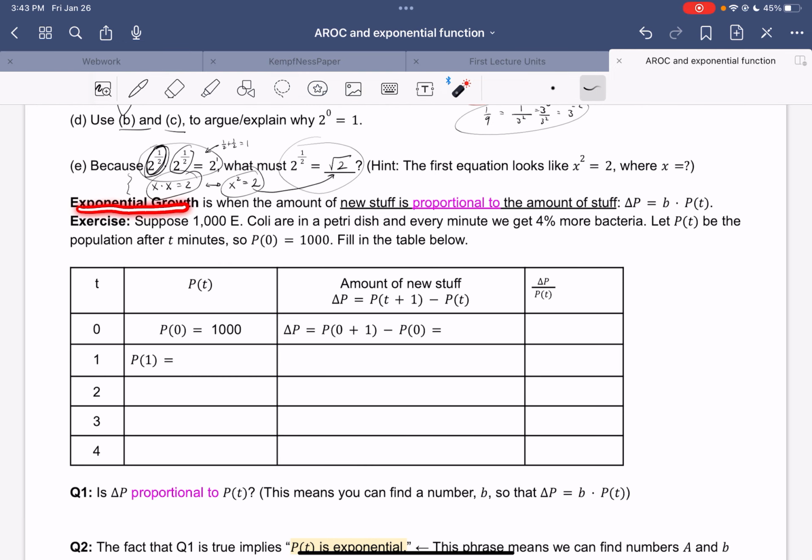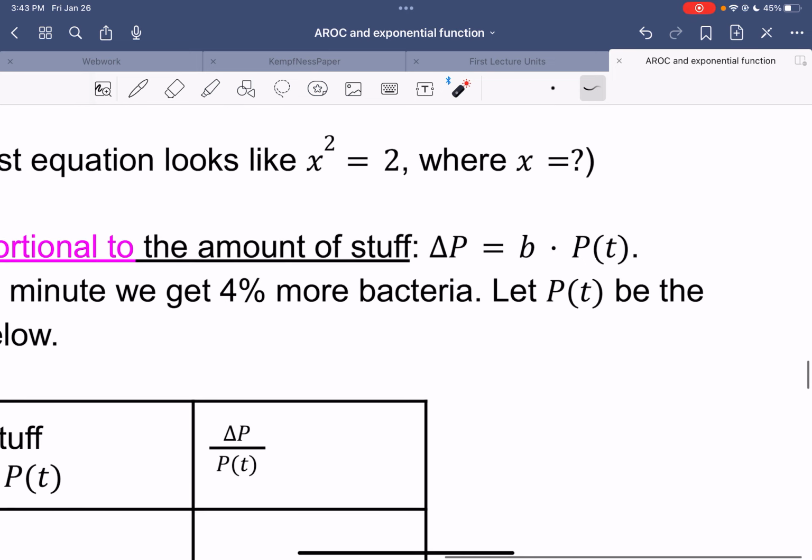Exponential growth. Exponential growth is when the amount of new stuff is proportional to the amount of stuff. Okay, what? Here is what I'm calling new stuff. So for example, this could be P at t plus 1 minus P at t.